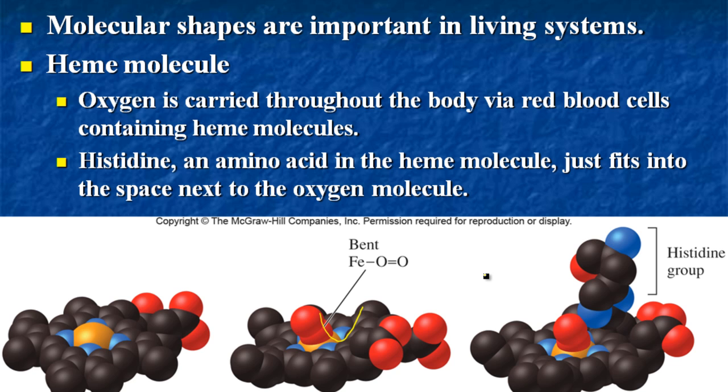But this will work very true for carbon monoxide also. Carbon monoxide, as we know, is a poisonous gas. If we get exposed to carbon monoxide, it will also come and compete for the space with oxygen. I don't want to go into those details.